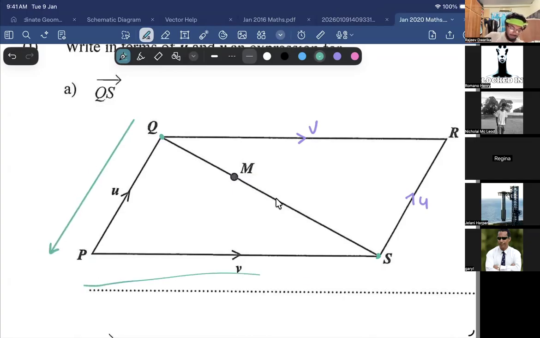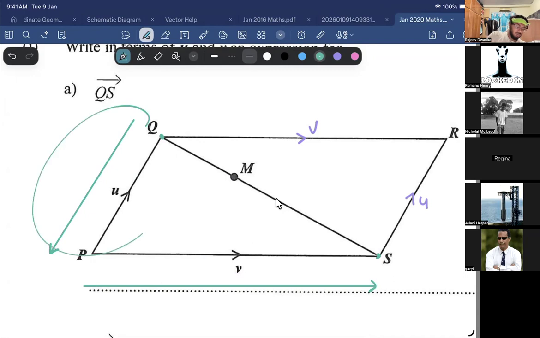P to S. If we're going in the same direction, leave the sign. If we're going in the opposite direction, change the sign. So it's going to be minus U plus V. Cool. You could literally just write the answer, minus U plus V, but it's probably ready for working. So we're going from Q to P and then P to S.